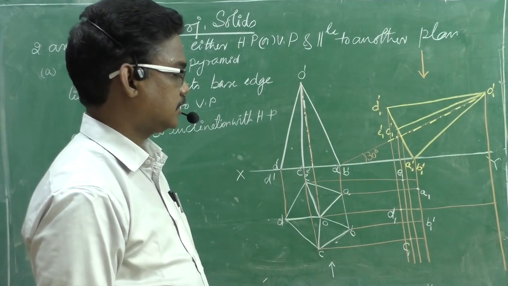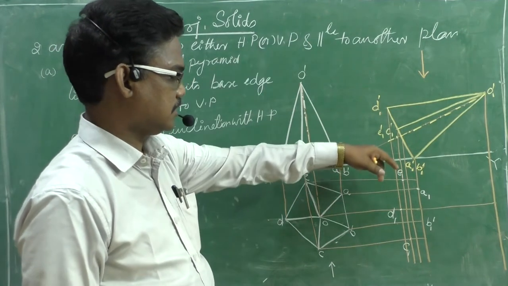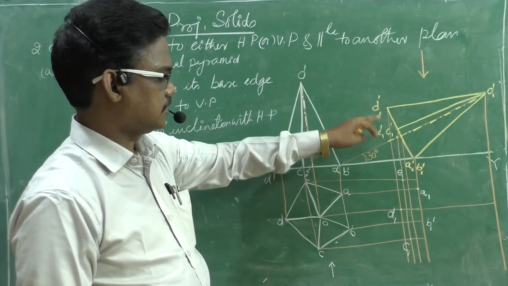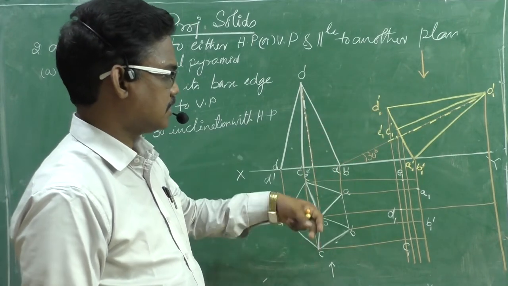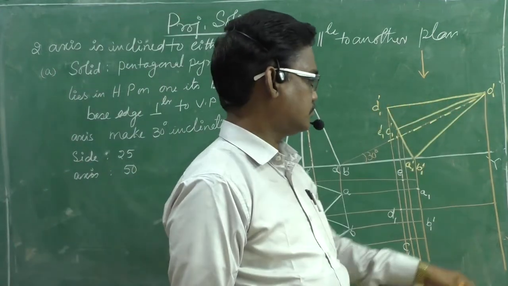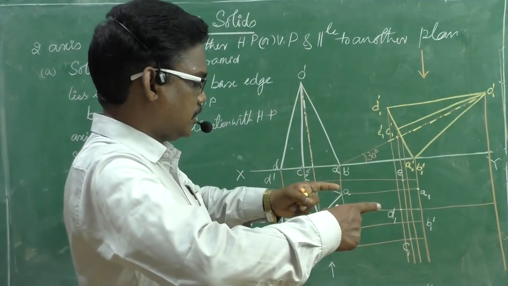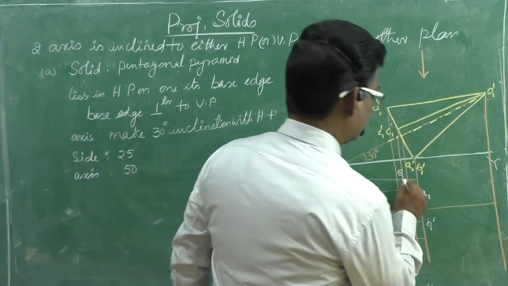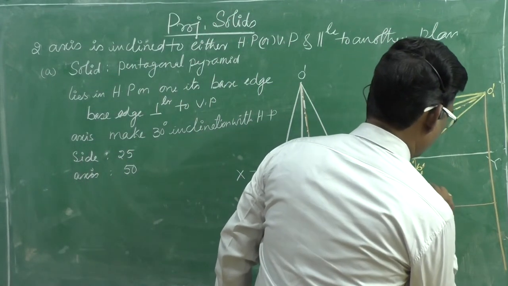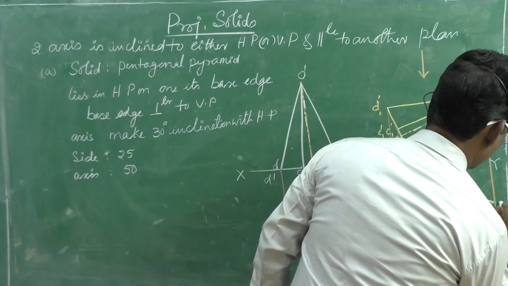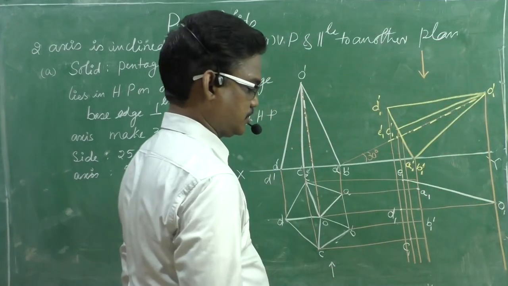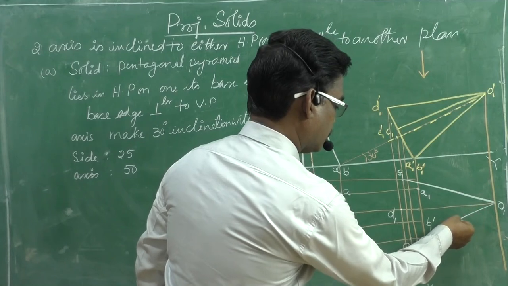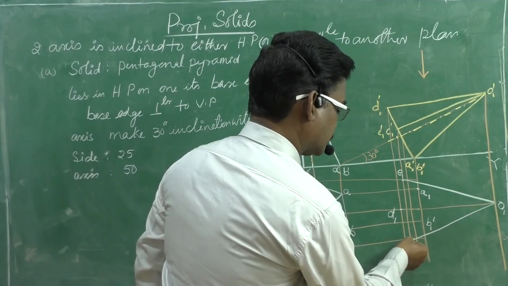Now for that, if you see in this direction, the outer profile, this CD and DE, these are visible, and OD is visible, OC and OE are visible. Therefore this is O1, OE visible, OC visible.